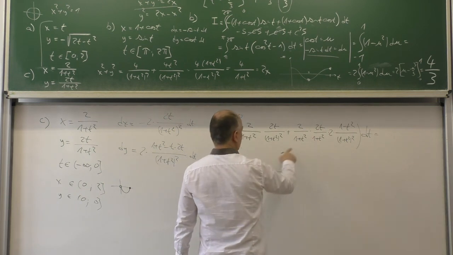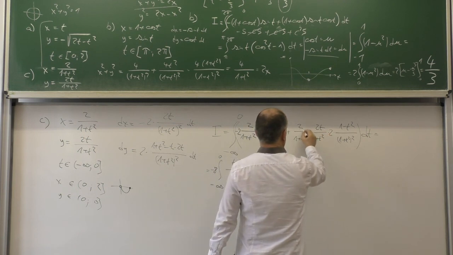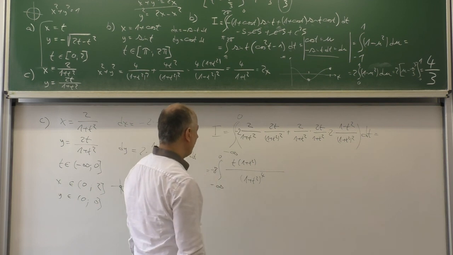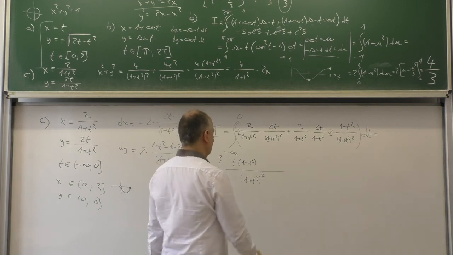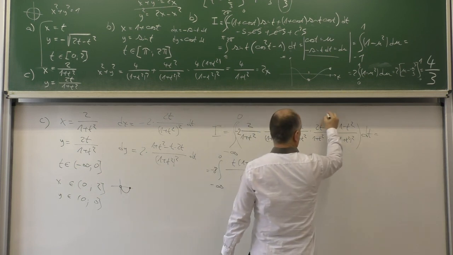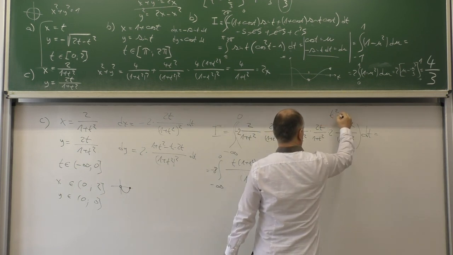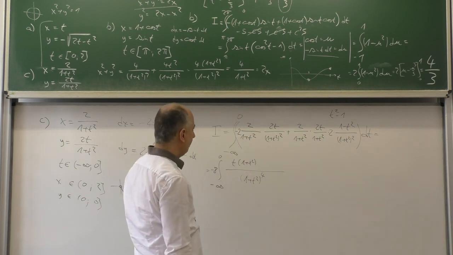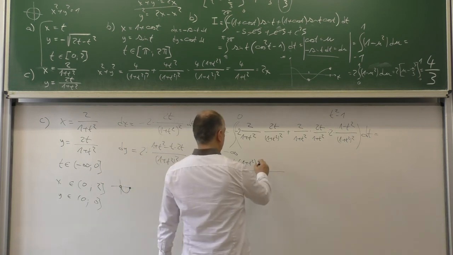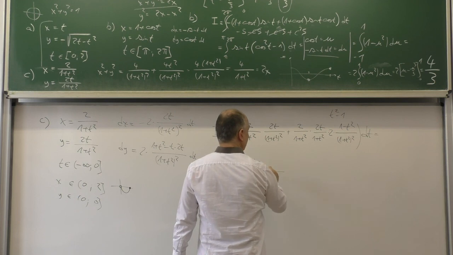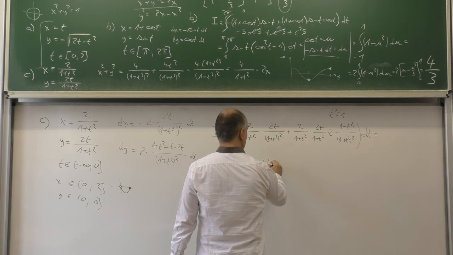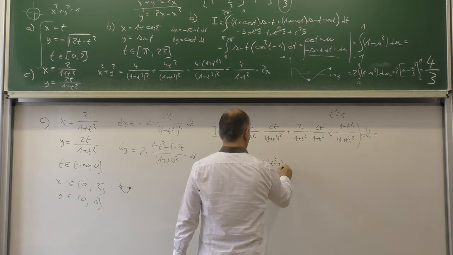We have factored out minus 8, so 2 is out, and when minus, then this is t squared minus 1, and we have plus t times t squared minus 1.